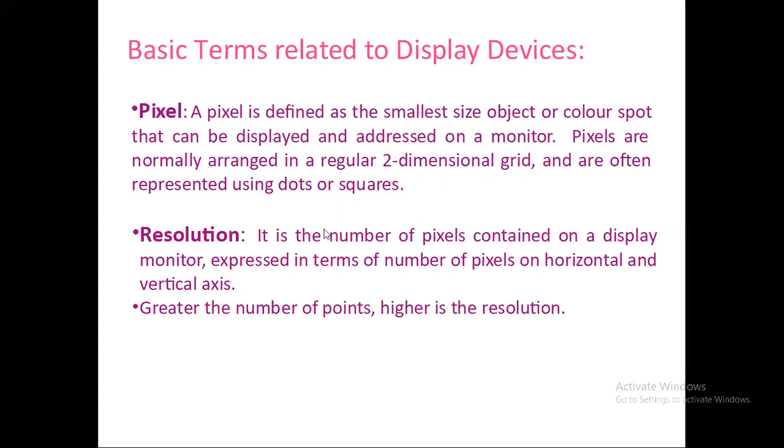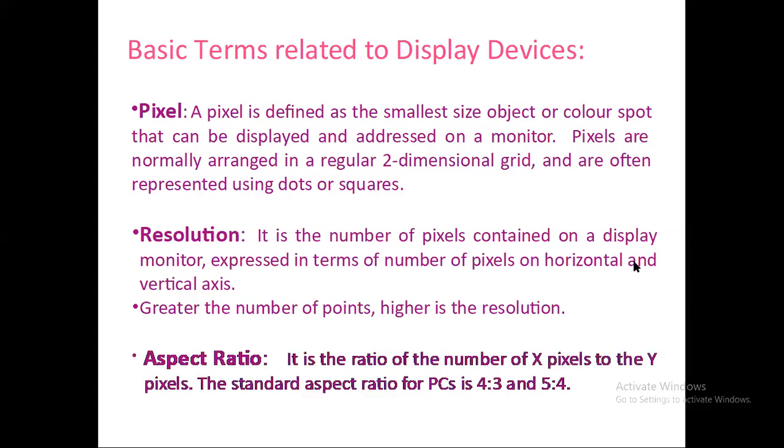Now in each horizontal line or each vertical line, how many pixels are there? That depends on what is called the resolution. And definitely, the greater the number of points, the higher the resolution.